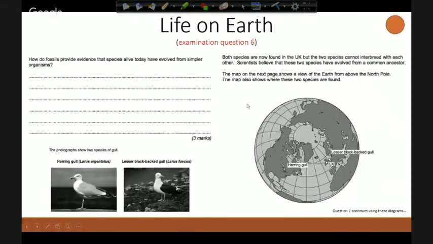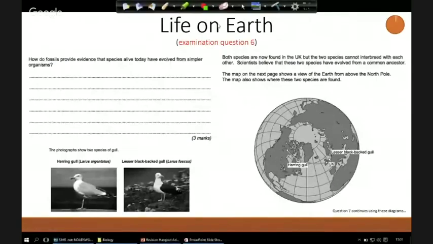And for our last question, we've got ourselves a question on fossilization. How do fossils provide evidence that species alive today have evolved from a simpler organism? Well, first of all, fossils show us organisms that lived a long time ago.